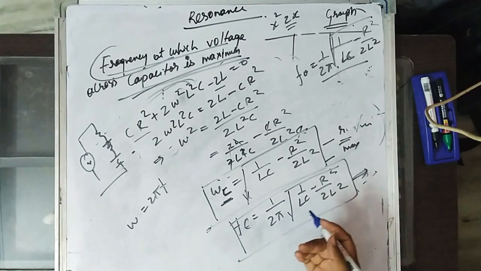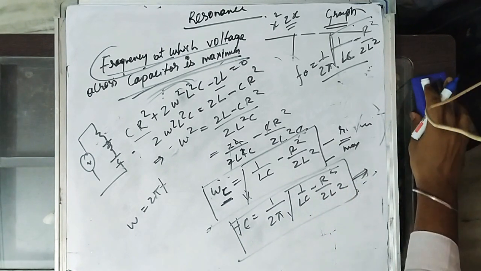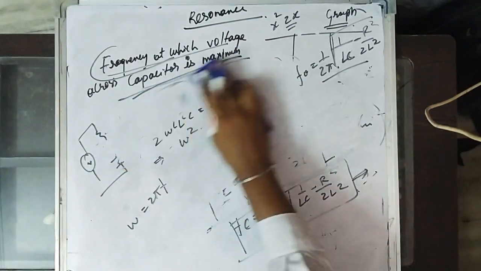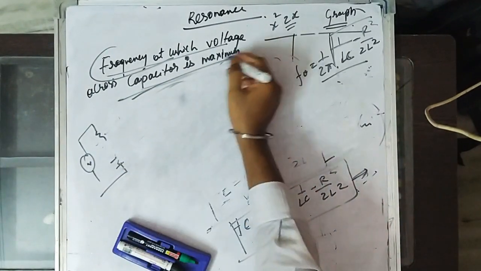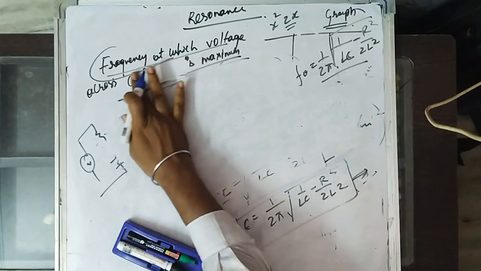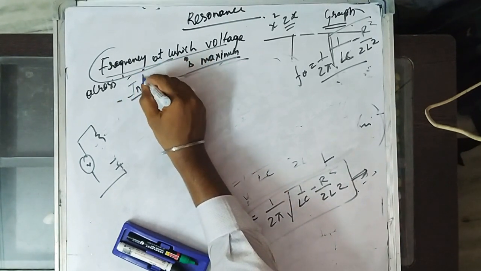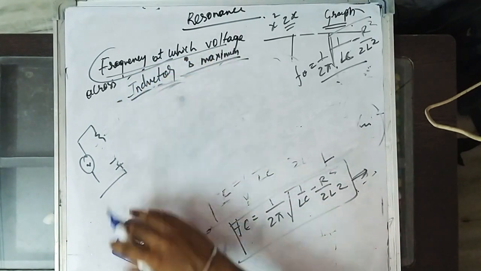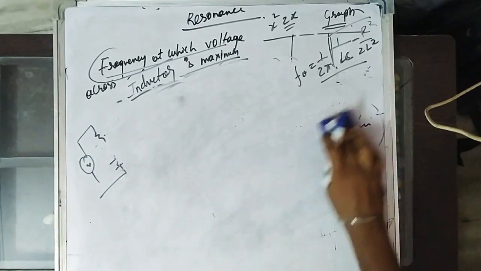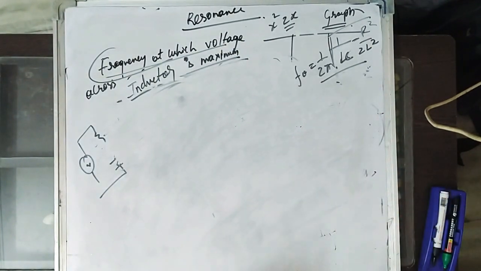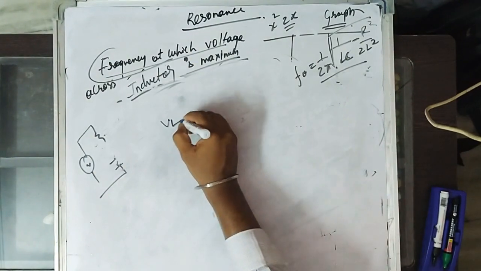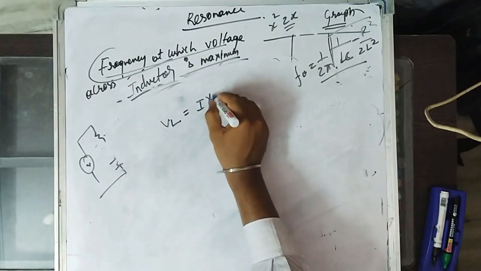Similarly, we have another derivation: the frequency at which the voltage across the inductor is maximum. The frequency will be varied, and the voltage across the inductor will also vary. So the voltage across the inductor VL equals I into XL.